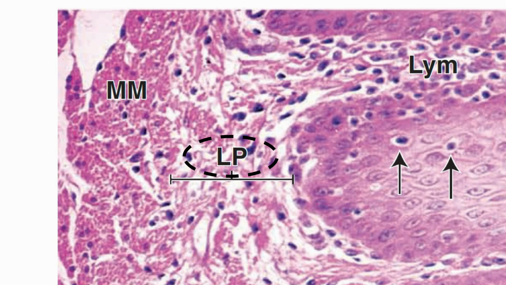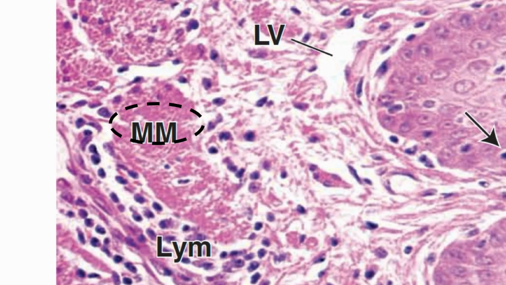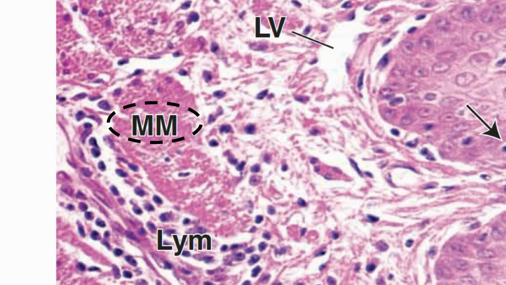As shown in this figure, the lamina propria, which is shown over here, is a very cellular, loose connective tissue containing many lymphocytes, small blood vessels, and lymphatic vessels. The deepest part of the mucosa is the muscularis mucosae. It is shown here.